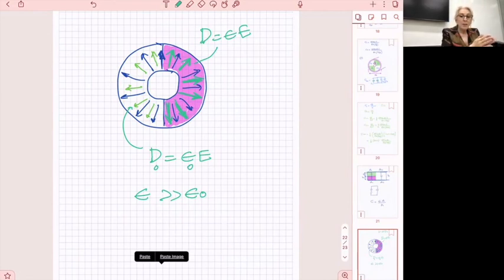So even if your field seems to be the same, your charge density is going to become a lot stronger inside, and therefore the charge is not going to be equally distributed around. You're going to have much more charge activity inside the dielectric, and this is going to increase your capacitance in that area.